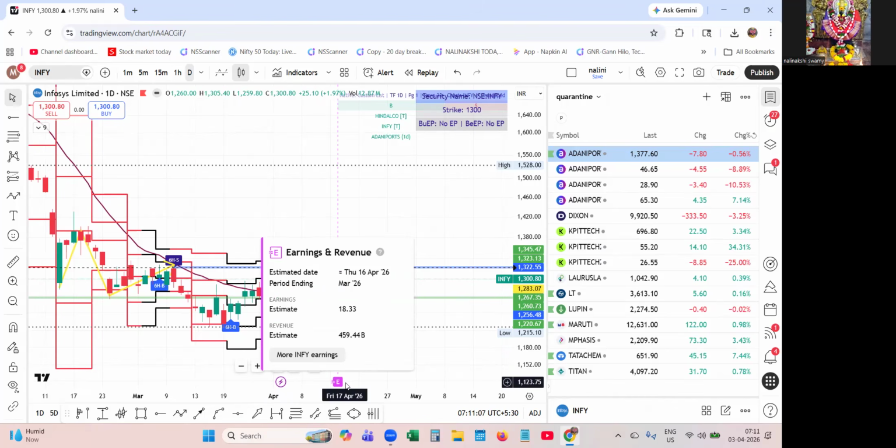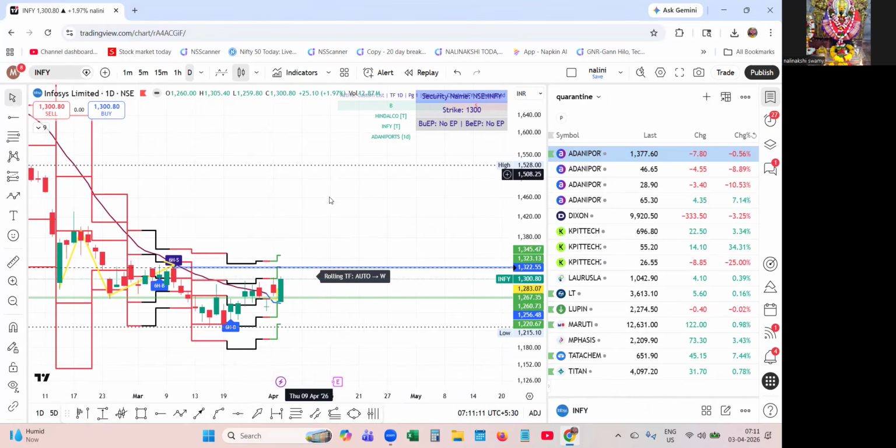So next week, earnings are there. It is preparing for the earnings. You can catch the earnings move before the earnings. Sometimes market participants push it higher before the earnings. You can watch the stock, and Hindalco also, you can keep it and track the stock.